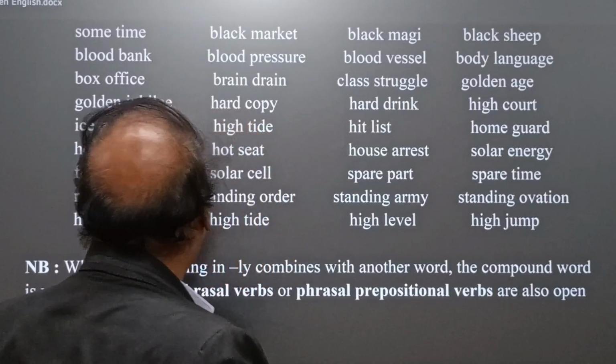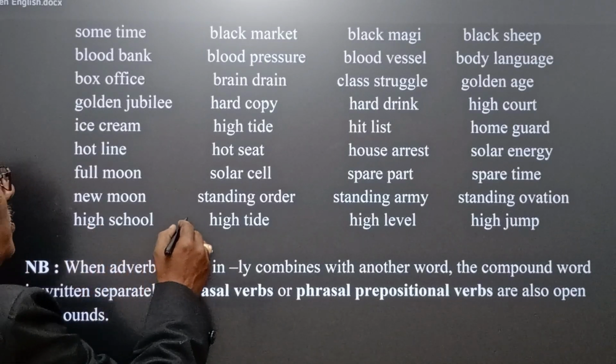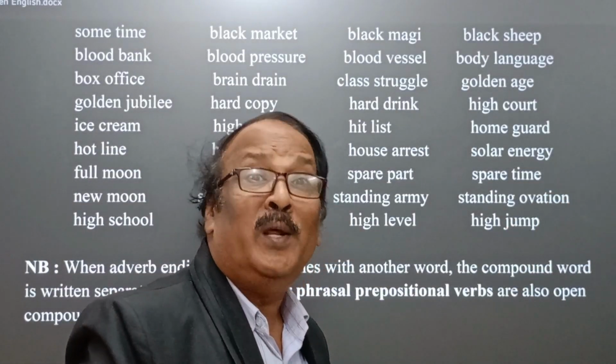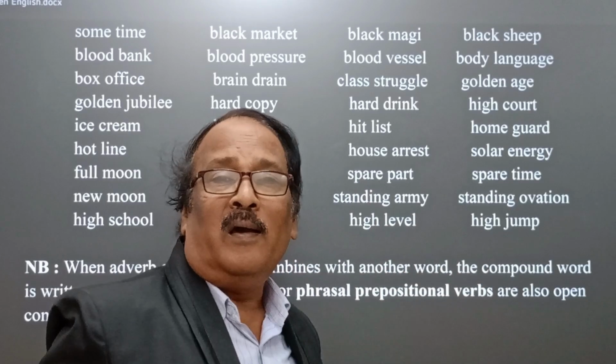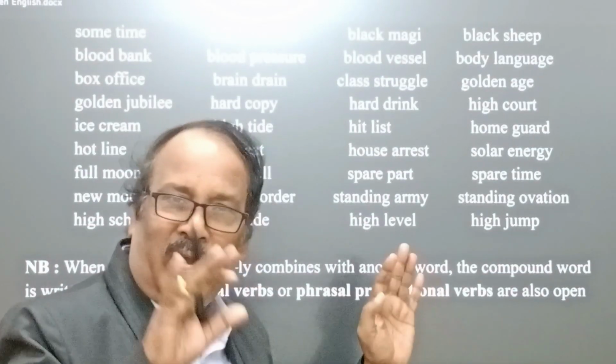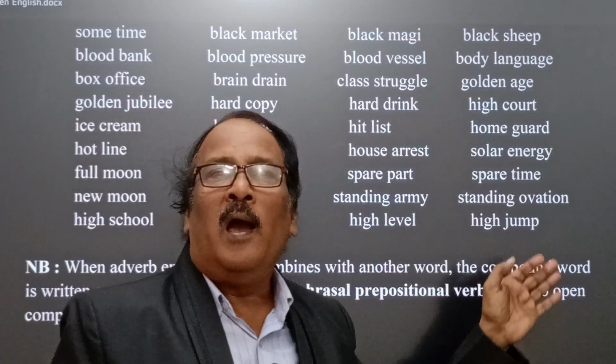Solar energy, full moon, solar cell, spare part, spare time, and new moon, standing order, standing army, standing ovation. Whenever we stand and respect the person who has given us an awesome performance, that is what we call standing ovation. Okay, now come here: high school, high tide, high level, high jump, etcetera.